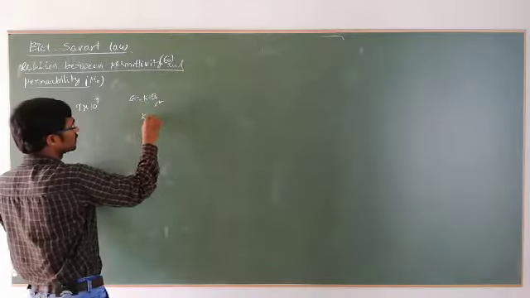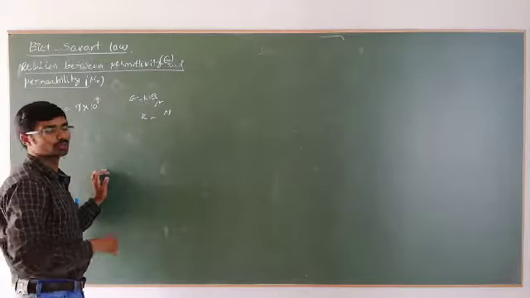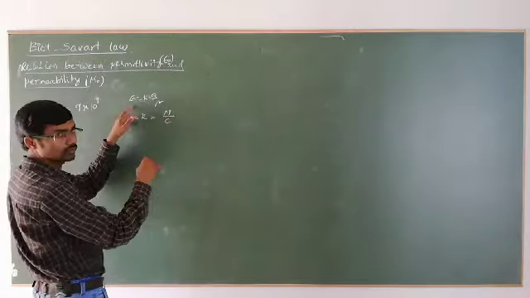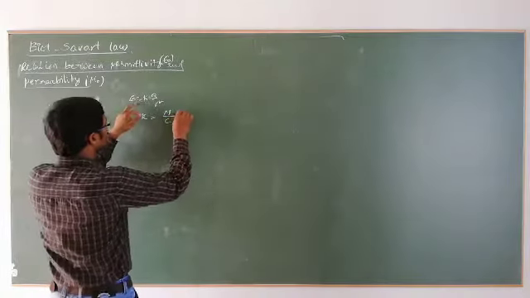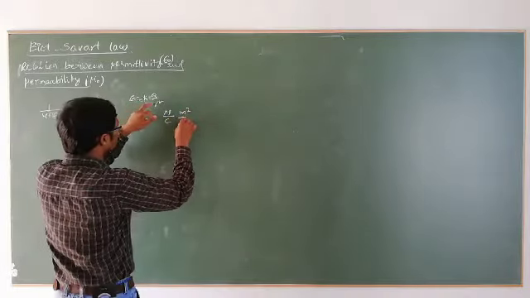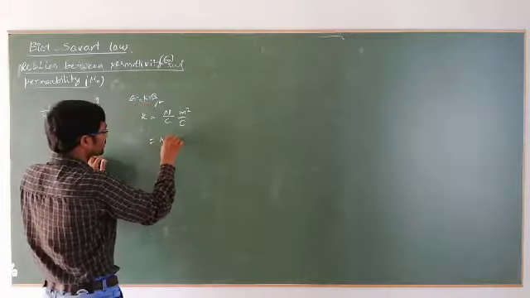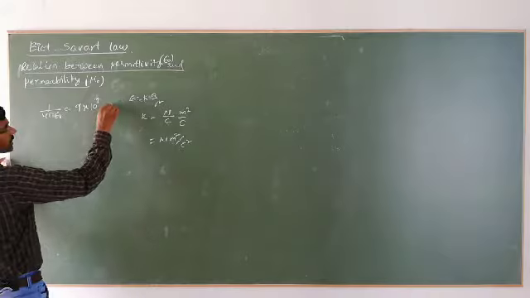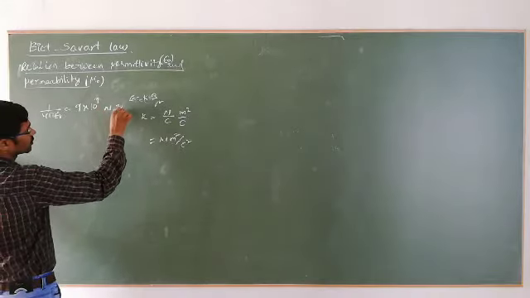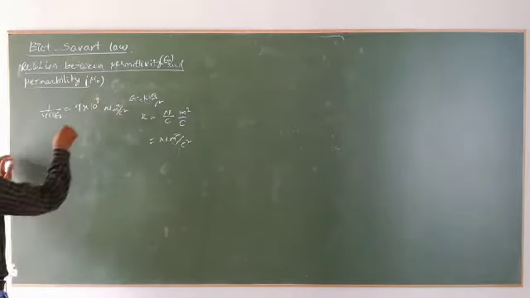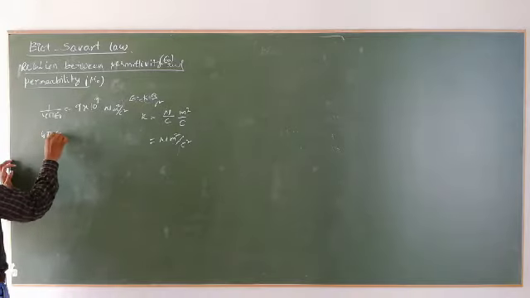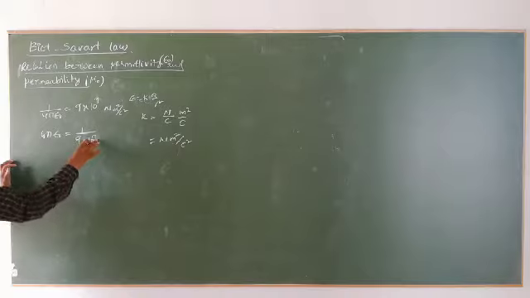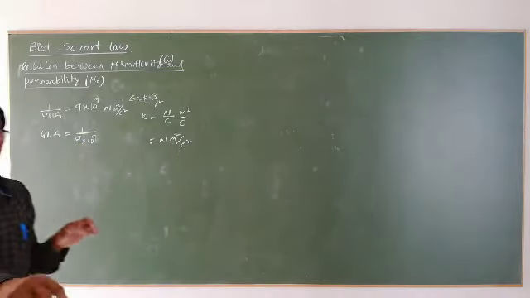Then K is electric field, Newton per coulomb, into meter square per coulomb, which gives Newton meter square per coulomb square. Like that you can easily find it. Then 4 pi epsilon naught value is 1 by 9 into 10 power 9.